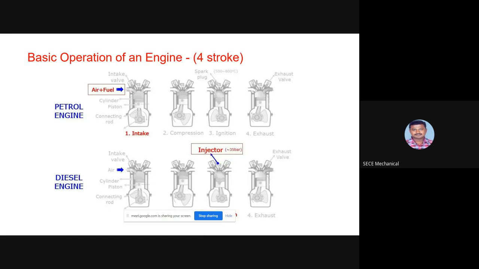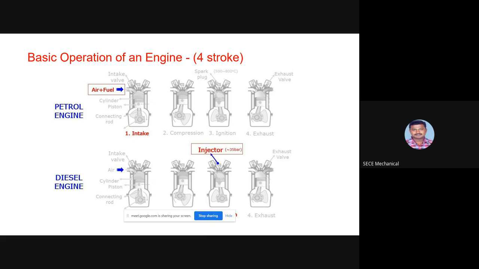Today, let us discuss the basic electronic fuel injection system and ignition system in IC engines, both petrol and diesel engines. This is the basic operation of a four-stroke IC engine.